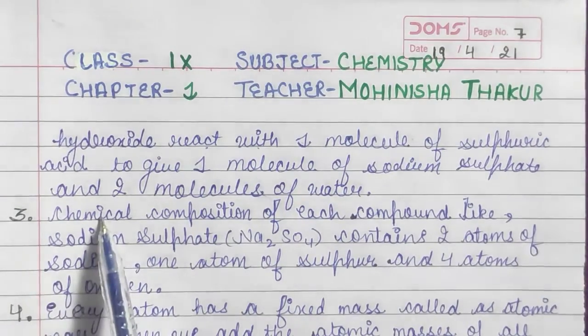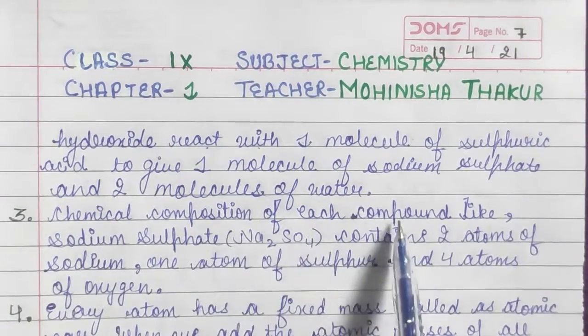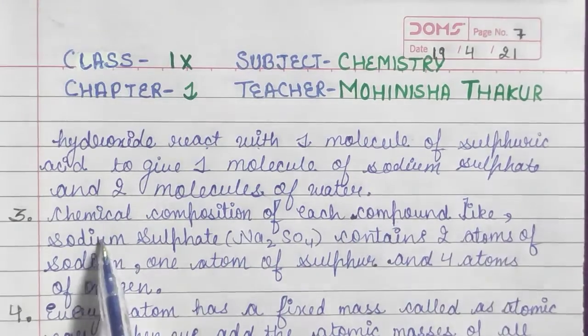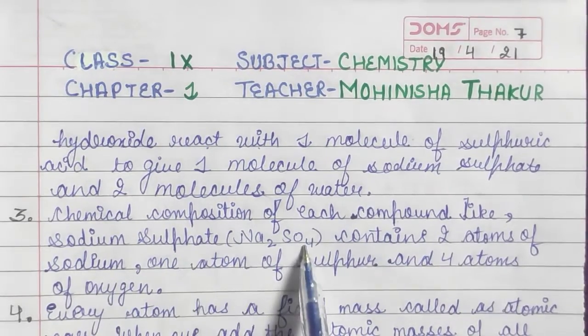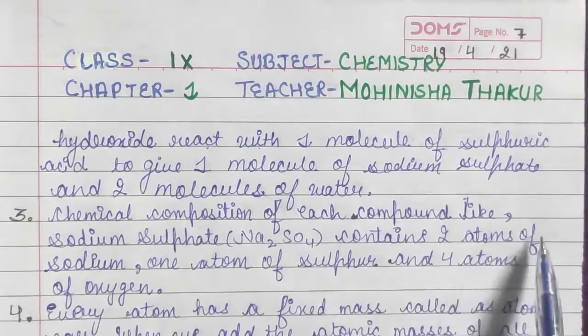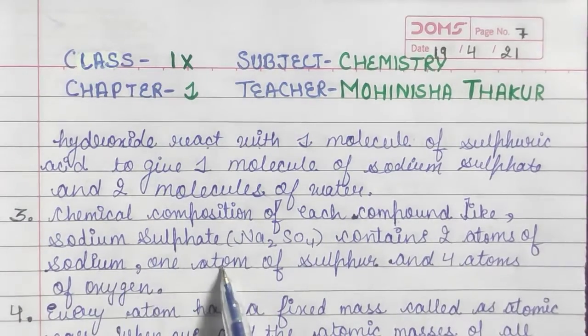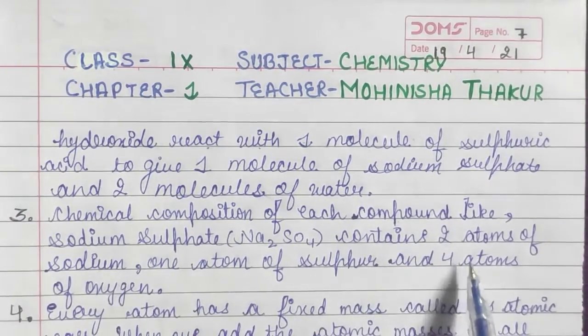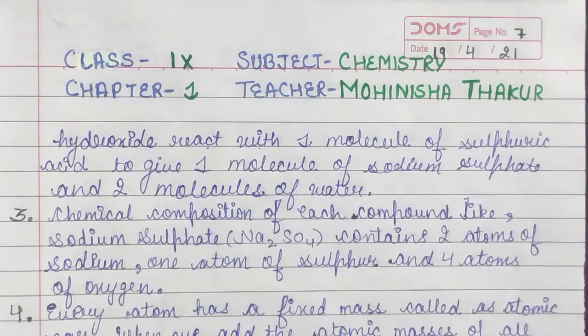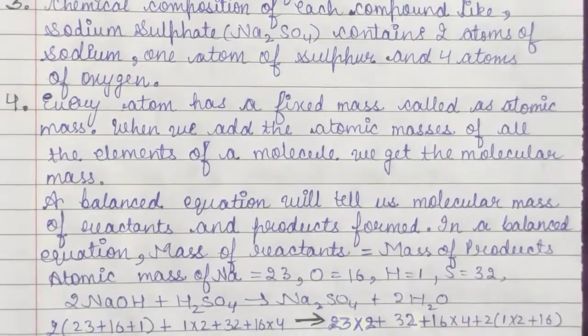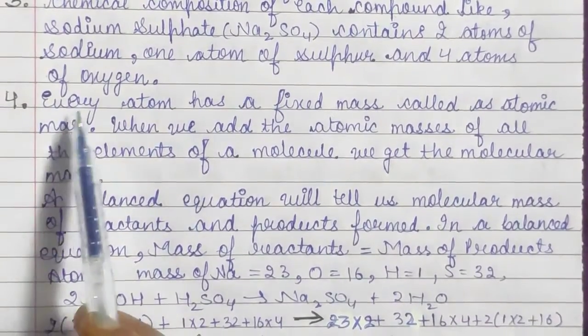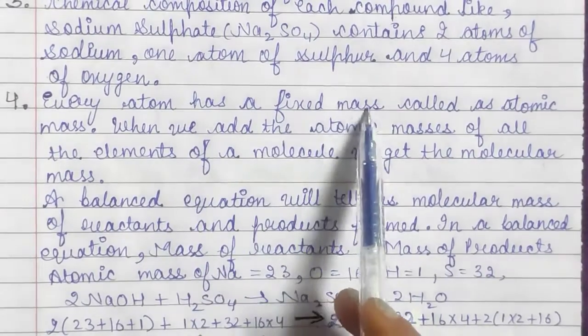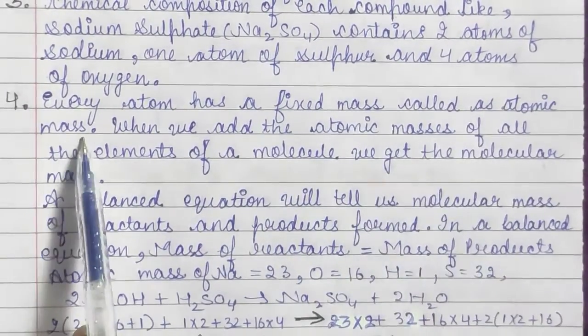Third, chemical composition of each compound, like sodium sulfate, which is Na2SO4, contains 2 atoms of sodium, 1 atom of sulfur and 4 atoms of oxygen. Number 4, every atom has a fixed mass called atomic mass.